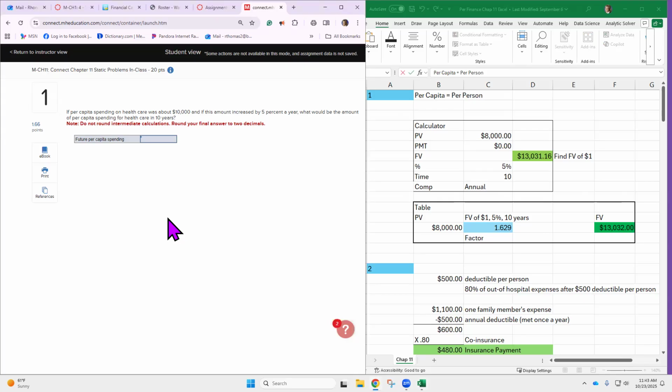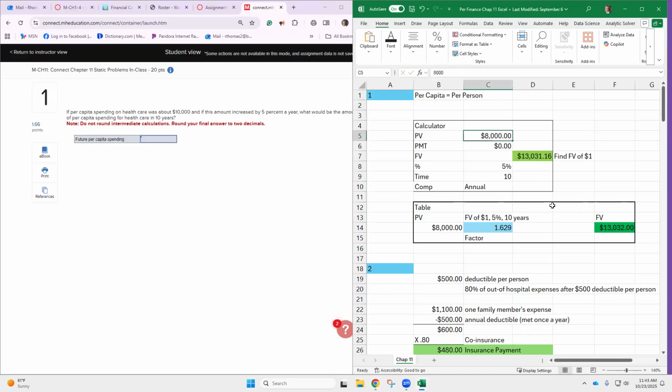If per capita spending on healthcare was about $10,000 a year, and this amount increased by 5% a year, so inflation is going to be 5% a year, what would the amount be per capita in 10 years? So when you think about spending $10,000 today on your healthcare, if that increased 5% each year over 10 years, what would that new per capita be?